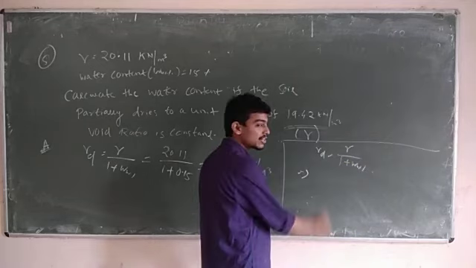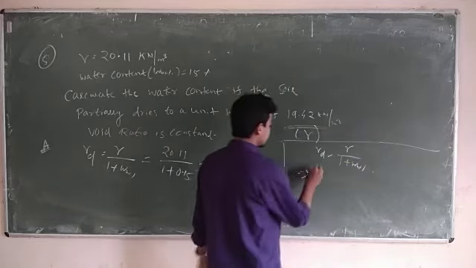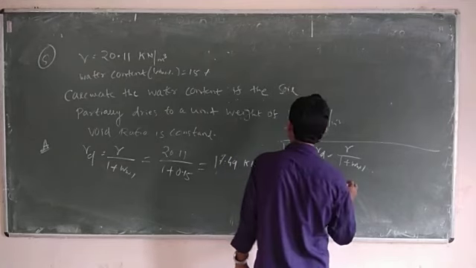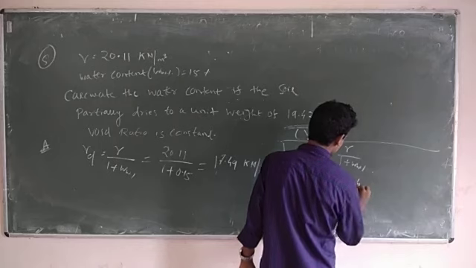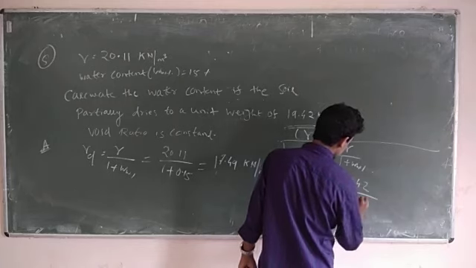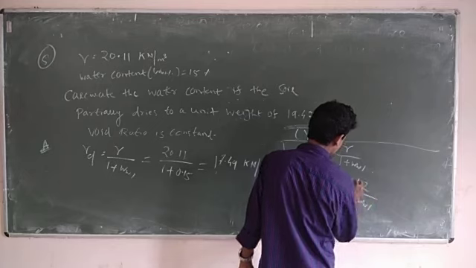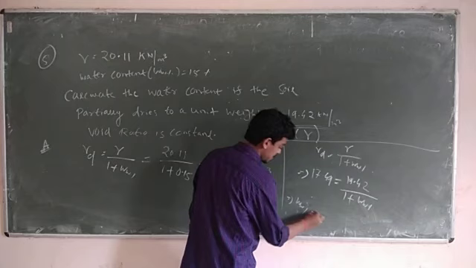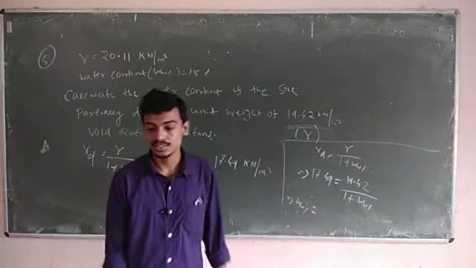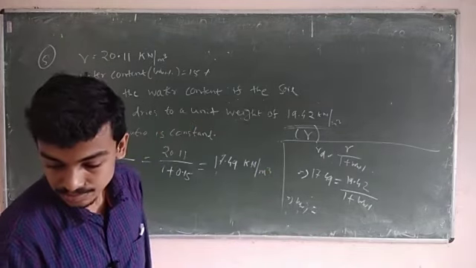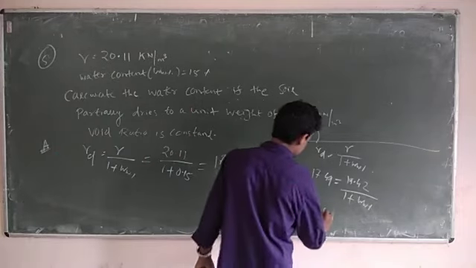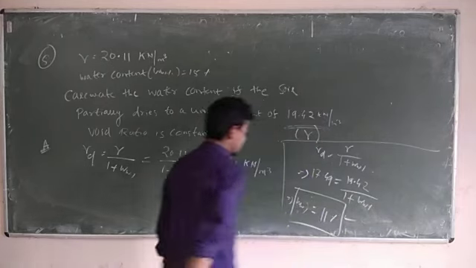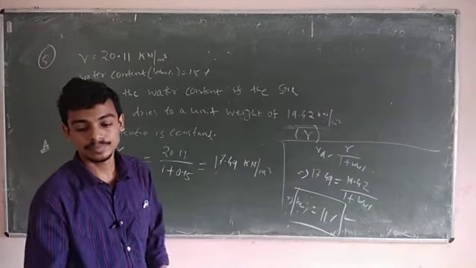Gamma D will remain constant, so you can take 17.49 equals gamma, our 19.42, by 1 plus water content. In this case the water content can be found out by using the calculator. It is coming around 11%. Okay, this is your answer.